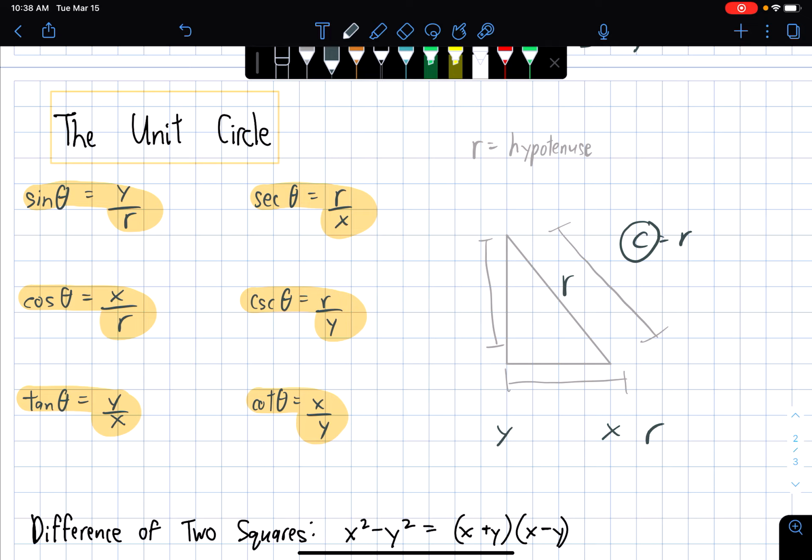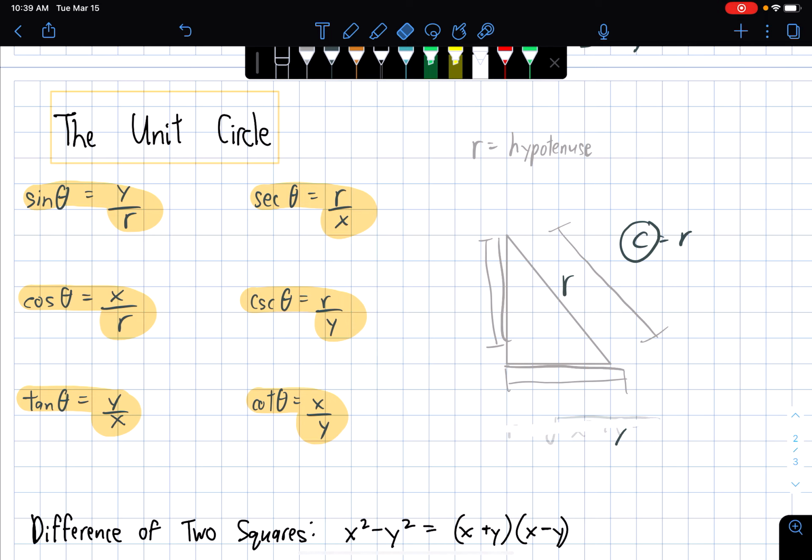In that sense, y raised to 2 is equivalent to the hypotenuse squared minus the given x squared. This is how we solve for y. In terms of solving for r, basically, what we have to do is just add the two values that are not the hypotenuse. So this and that.